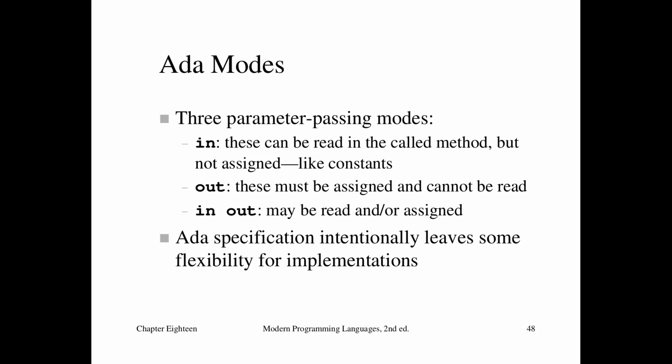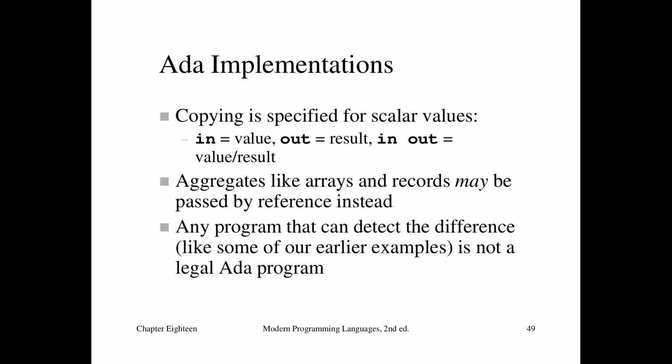The Ada specification intentionally leaves some flexibility for implementations. So this is where it can become difficult, right? Even though the specification provides these, it does not necessarily guarantee the implementation. Copying is specified for scalar values, so in is by value, out is by result, and in out is by value result. Aggregates like arrays and records may be passed by reference instead. So for scalar values, or what we'll call primitives in Java, we have this capability in Ada.